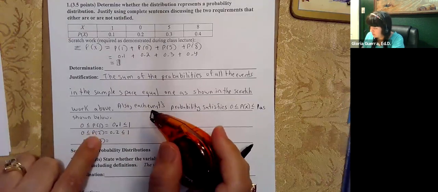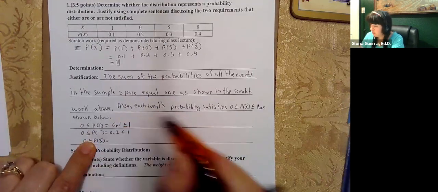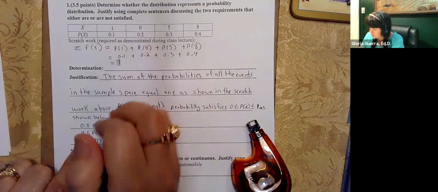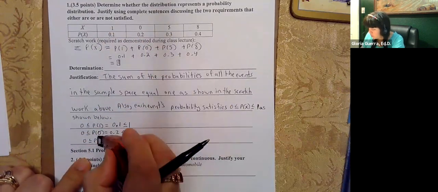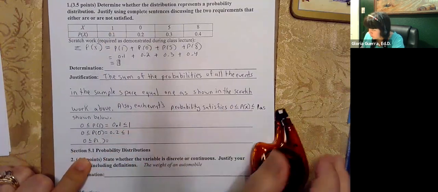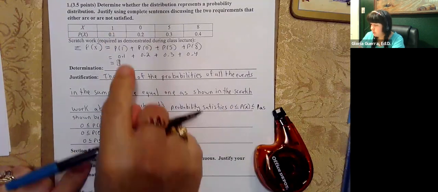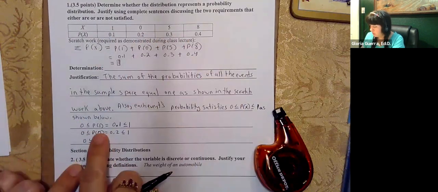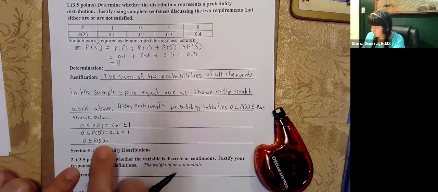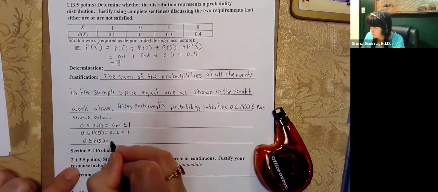This one's actually probably P of 0. So P of 1, P of 0, and then this one is P of 5. They don't always go in order. So this one's 1, then it jumps to 0, and then it jumps to 5 and 8. P of 5 is like 30 cents.